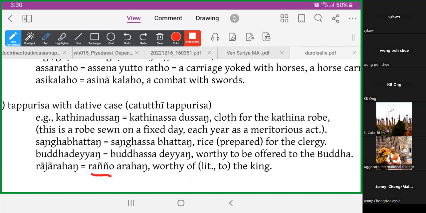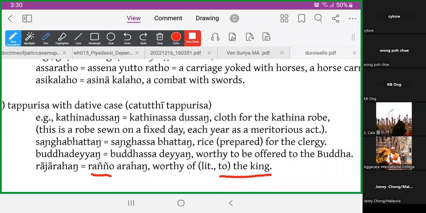So this Ranno is to the king. Araham is worthy. So actually another meaning of Araham, besides the pure one, is worthy. Okay, so any question? No question. Okay.